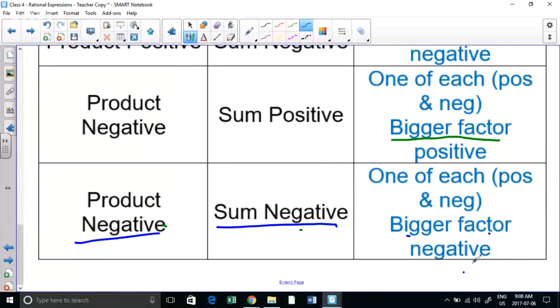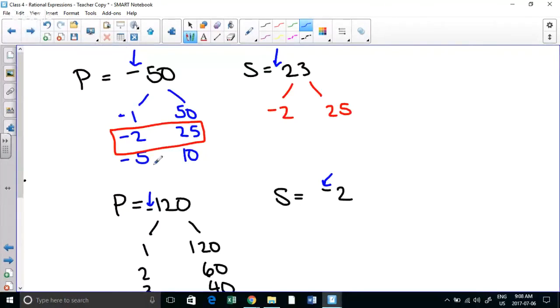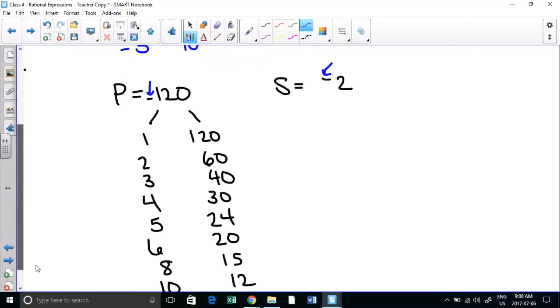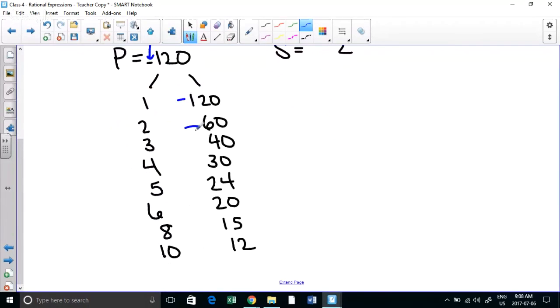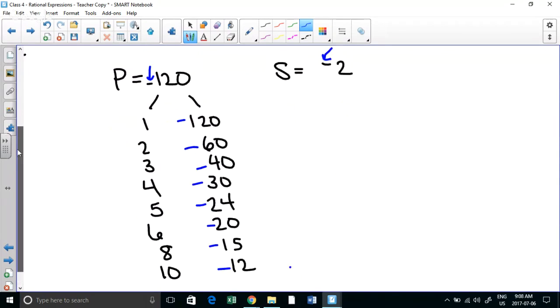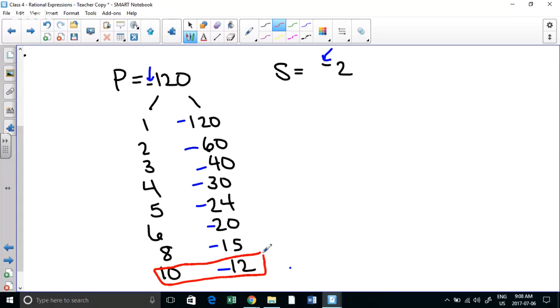And the bigger factor is negative. So I go to my table and I say, okay, the bigger factors are going to be negative. So this column is going to be negative. Which one of these pairs has -2? So I'm going to split this into 10 minus 12.